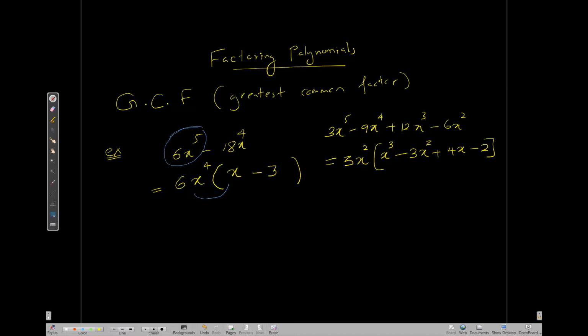Let's see one more example of a different type. How about this? 6x cubed y cubed plus 45x squared y squared plus 21xy. Now in this case, this is a polynomial having multiple variables. Now, x and y both are there.